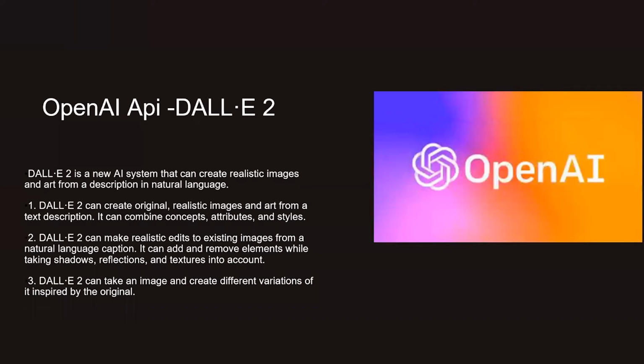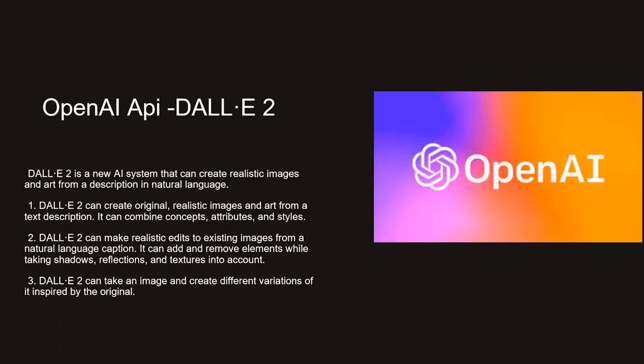And then let's talk about which API we use. We use the DALL-E 2 API, which is from the OpenAI API. Also, the DALL-E 2 API is actually inspired by the Stable Diffusion model. So why do we choose this API?